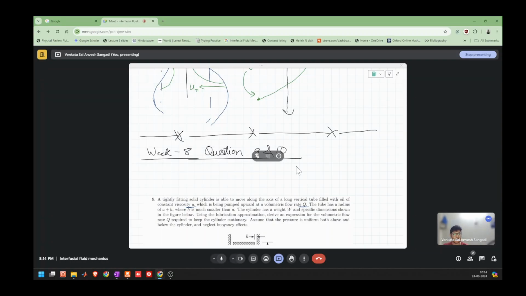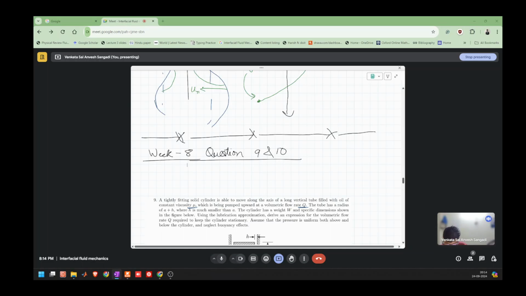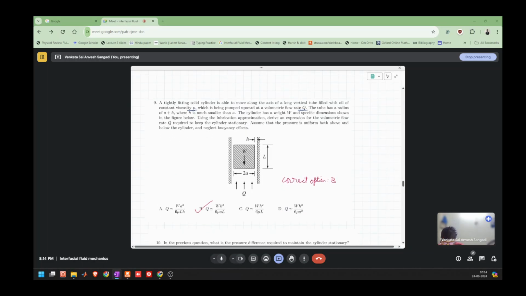Once again, we recollect the question. We have a tightly fitted solid cylinder that is able to move along the axis of a long vertical tube with oil of constant viscosity mu, which is being pumped up at a volumetric flow rate q.